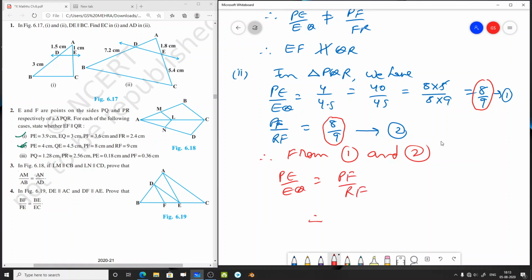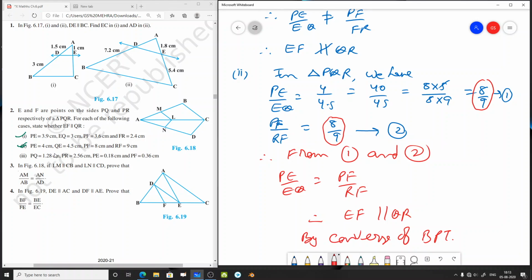Therefore, we can say that EF is parallel to QR by converse of BPT. So this is the answer of the second part, by converse of BPT.